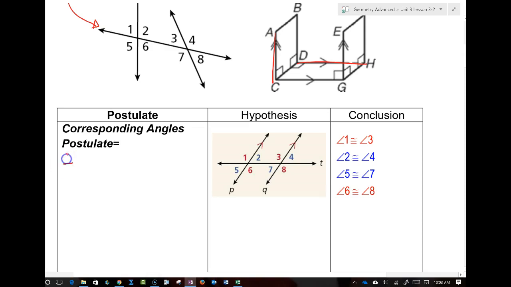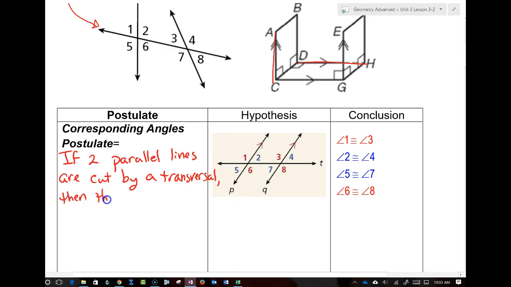It's the following. If 2 parallel lines are cut by a transversal, other way of saying that is intersected by a transversal, then the pairs of corresponding angles are congruent.